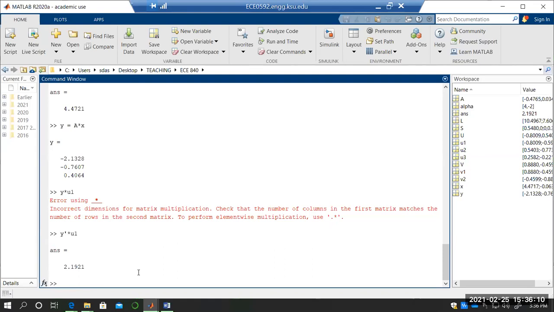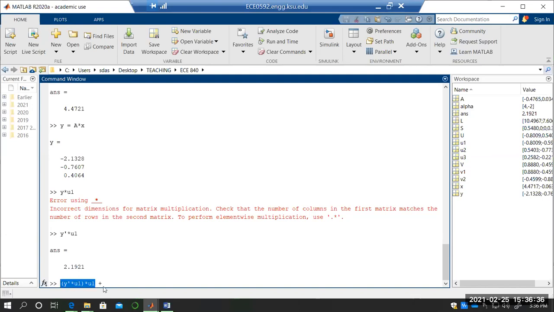Okay, so in other words, let's do this. Plus, this is the projection of y along u1 times the vector u1.